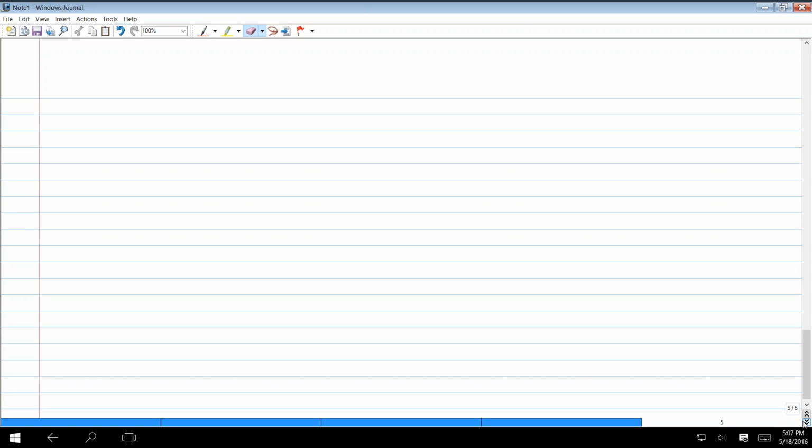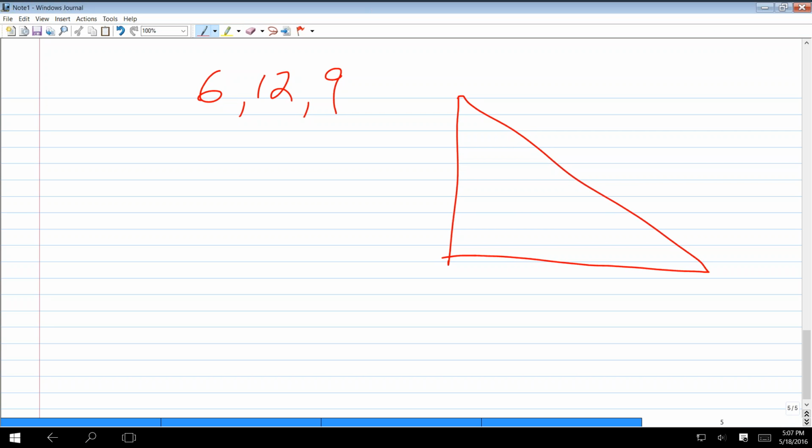Could we do classifying triangles? They give you 3 numbers, and you classify it as acute, obtuse, or right, and the numbers are 6, 12, and 9. They want to know whether this is obtuse, acute, or right.